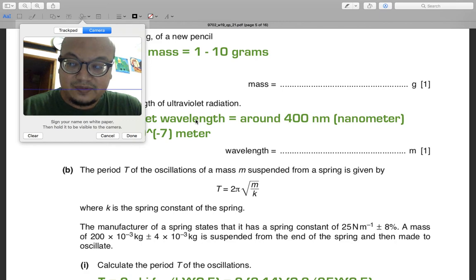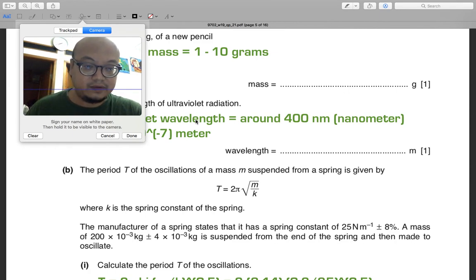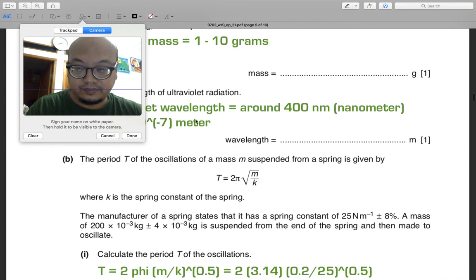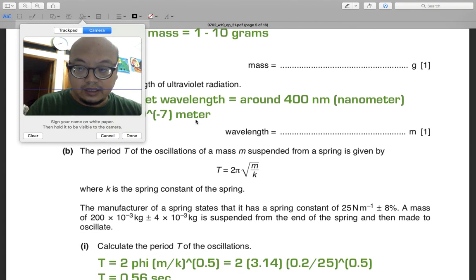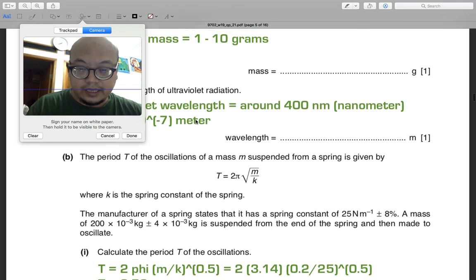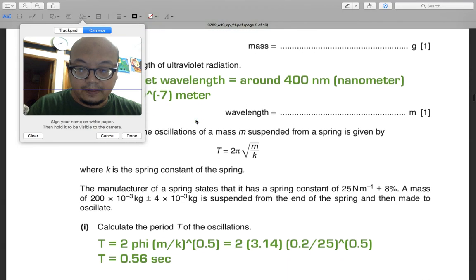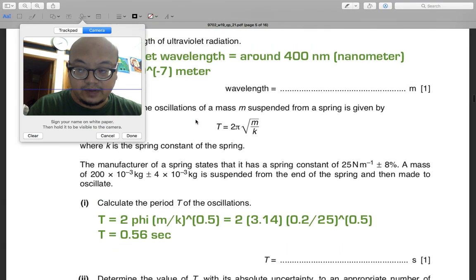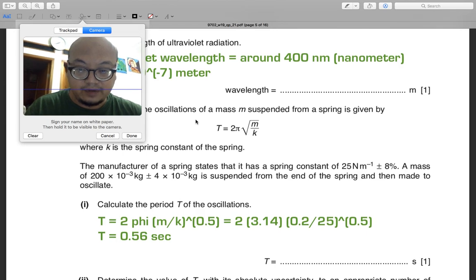A mass of 200 times 10 power minus 3 kilogram plus or minus 4 times 10 power minus 3 kilogram is suspended from the end of the spring and then made to oscillate. Question I: calculate the period T of the oscillation.